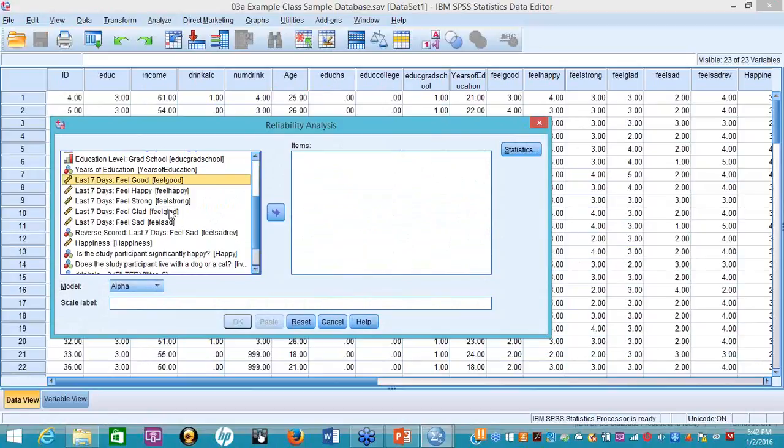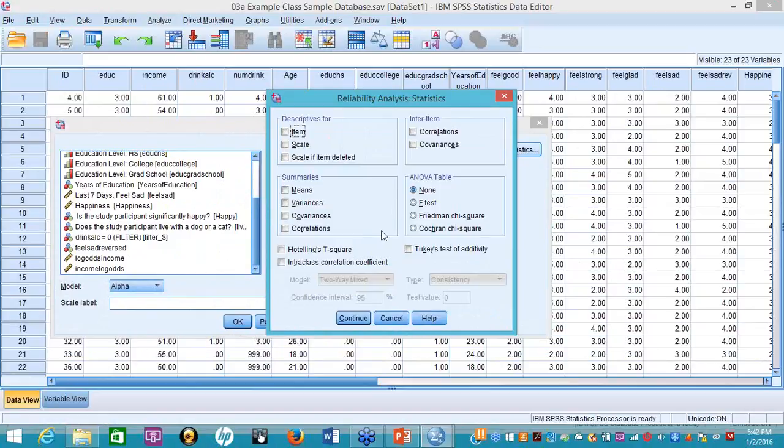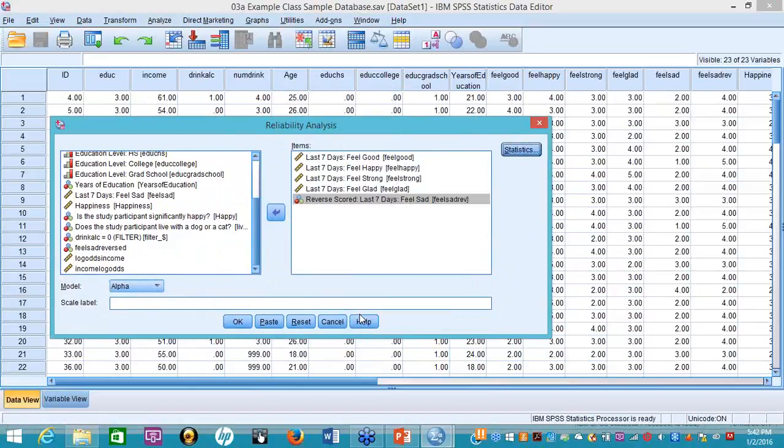Now remember, we want to put in the feel, sad, reversed. You have to be careful not to put in the original. Then under Statistics, click that, and always click Scale if item deleted, continue, and then we would paste it. We could also click OK, which we'll do here.